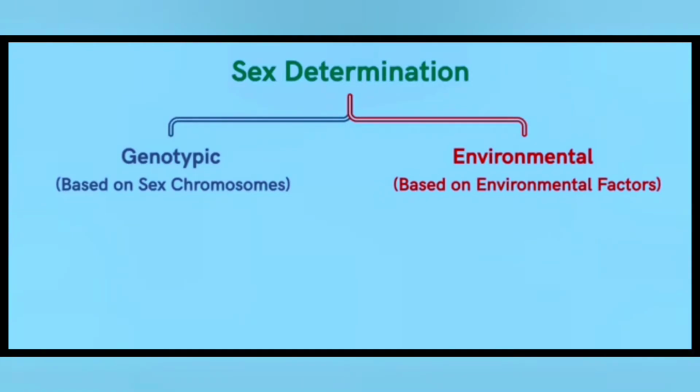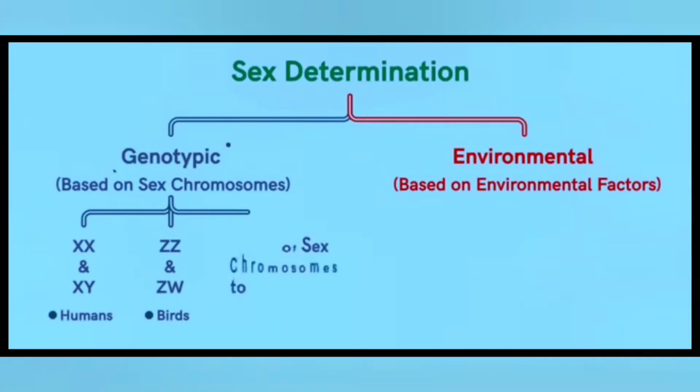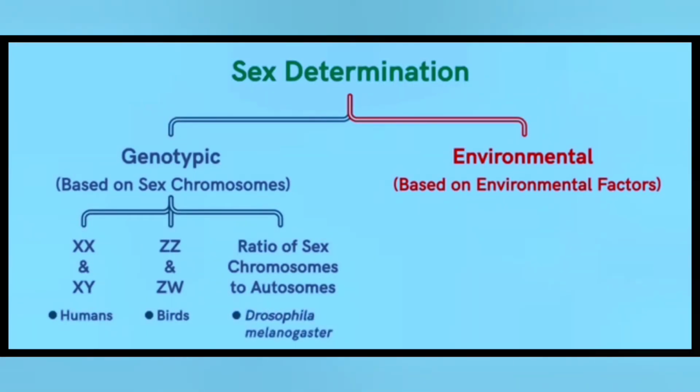There are specific chromosomes in the body of the organisms. It may be XX, XY type, ZZ, ZW type, and it may be based on the ratio of sex chromosomes to autosomes, which we will study later on. Also, it may be based on environmental factors.